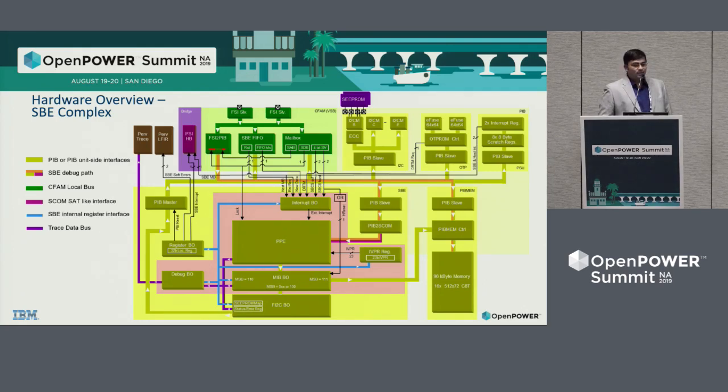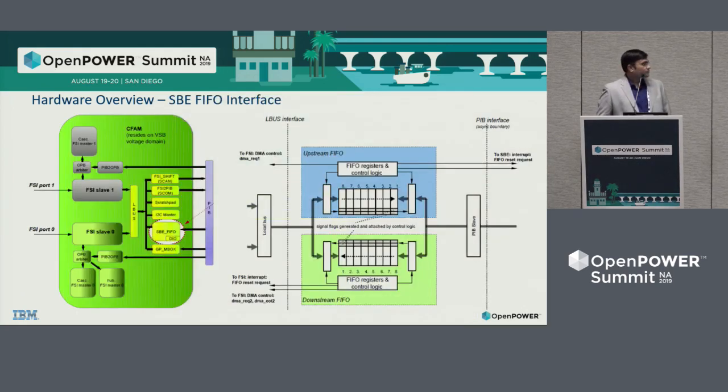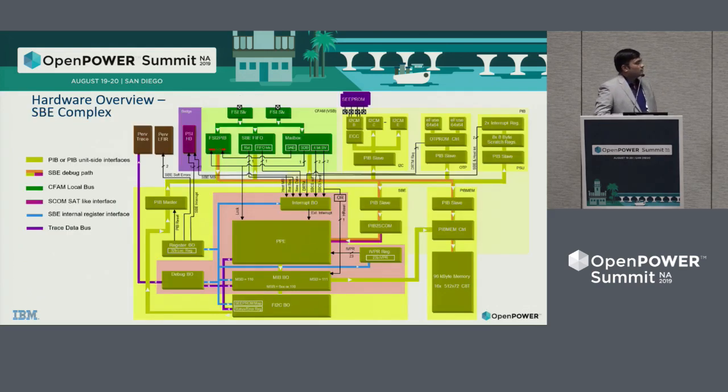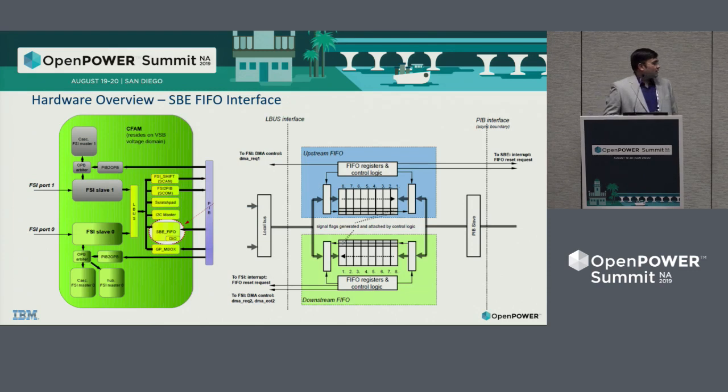kind of dig deeper into the FIFO itself. To give you a context of that, we're talking about this new block that came, which sits in the CFAM domain of the chip. This domain is up and running even in standby voltages. The rest of the chip gets powered on later in the IPL steps. So this is like a blow-up. Any access from the BMC comes from outside and goes over the local bus, and the local bus caters to multiple CFAM engines.